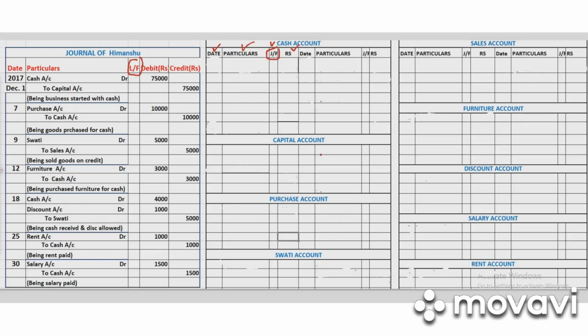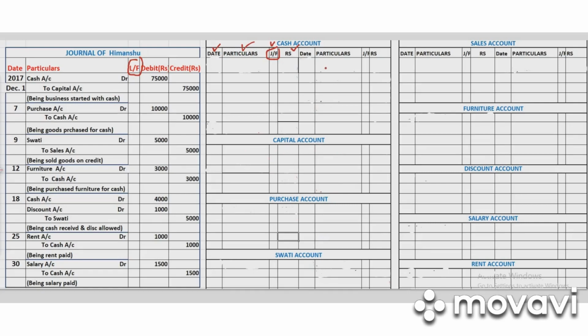Here, for convenience, I have given the details only for the cash account, on the top. It's not that much important. For all the accounts, such as capital, there will be the details, but for convenience I have not written them here, to make it easier, so only the lines you can see.